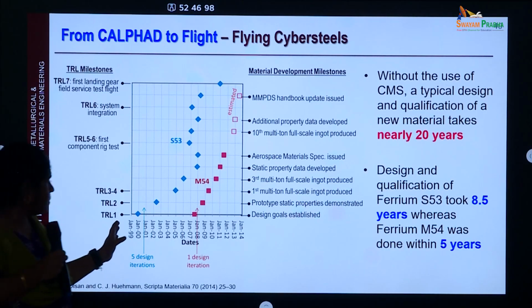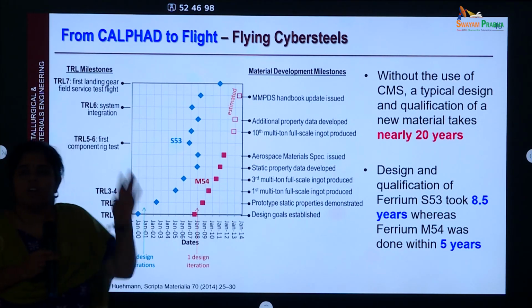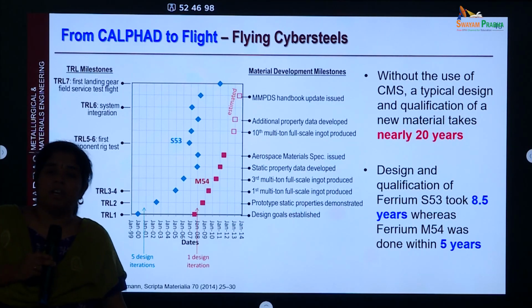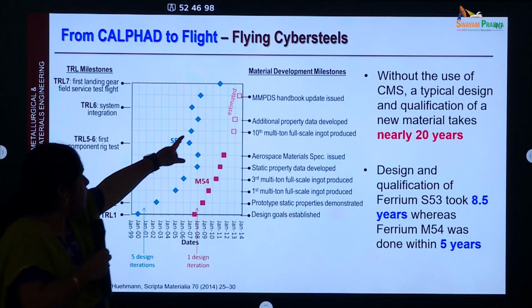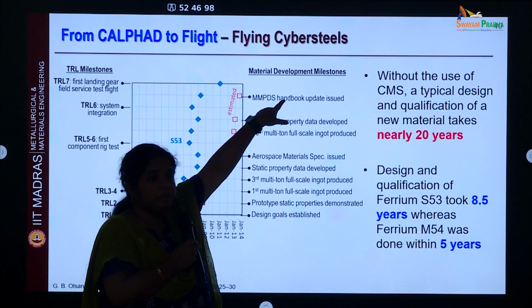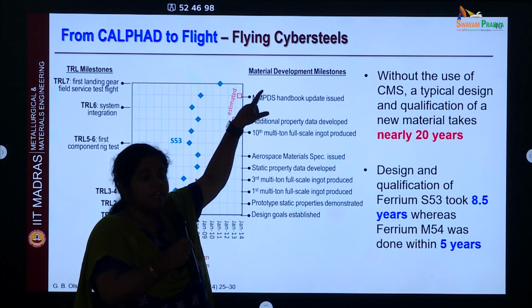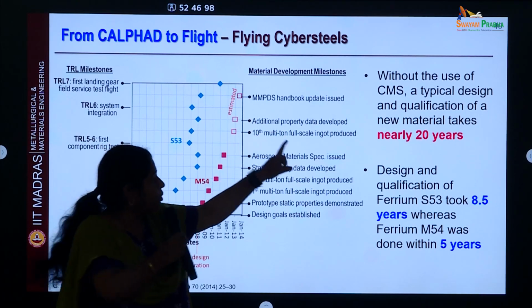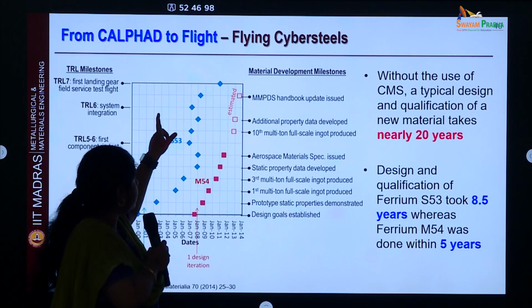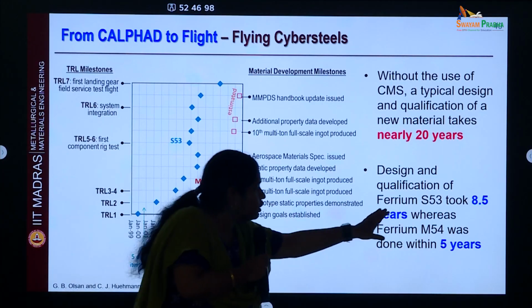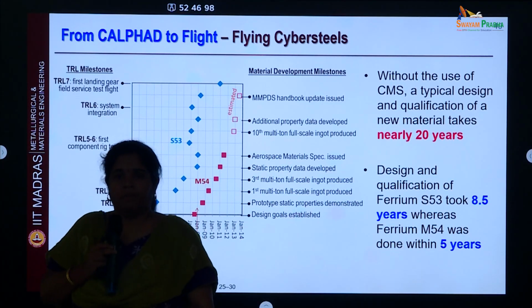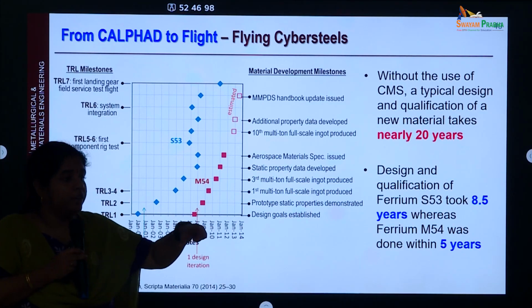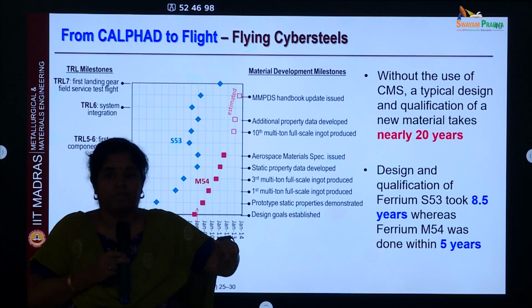So from 2000 to 2010 we were already done, typically including the qualification, because the design handbook has been updated. So from 20 years, here they have taken 8.5 years for Ferrium S53. But M54 is a modification of S53.